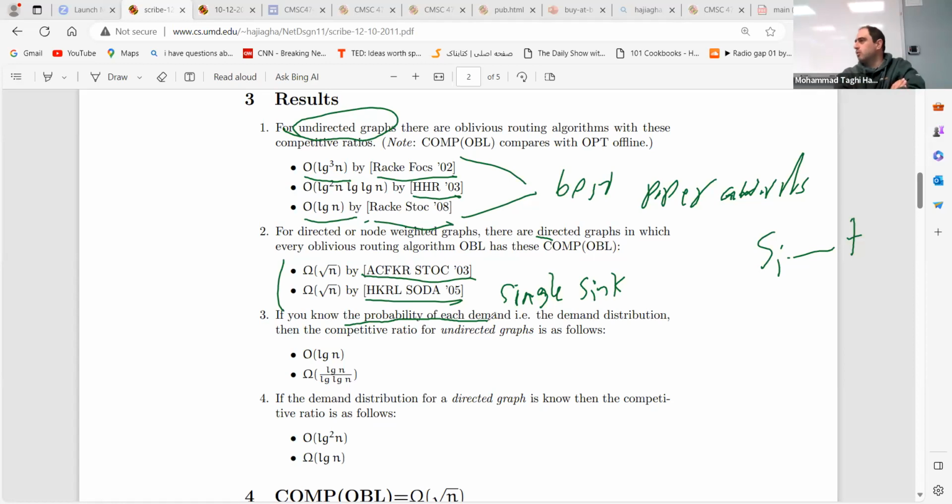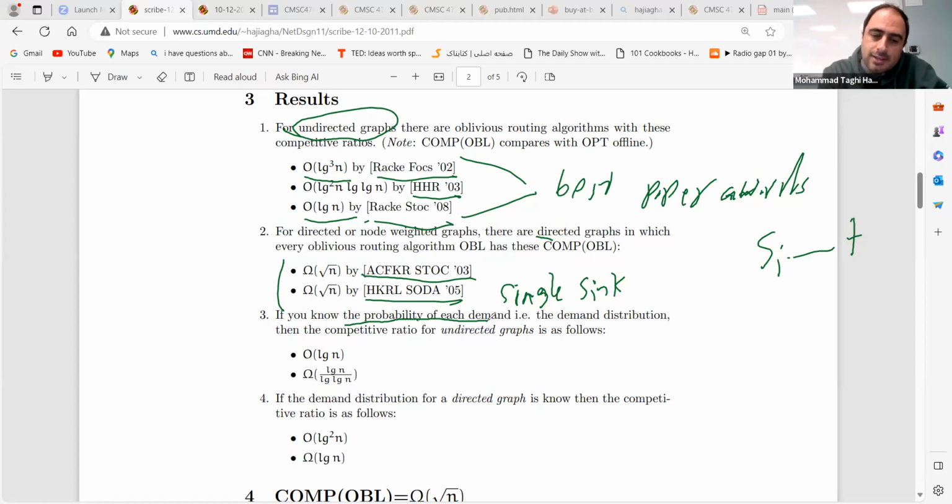So the issue is, how can we get something better for directed graphs, because for directed we cannot get it. That was the idea we had. Maybe the demands between any pairs are coming from some distribution, and these are independent. That is very important. If they are dependent, then it doesn't work.